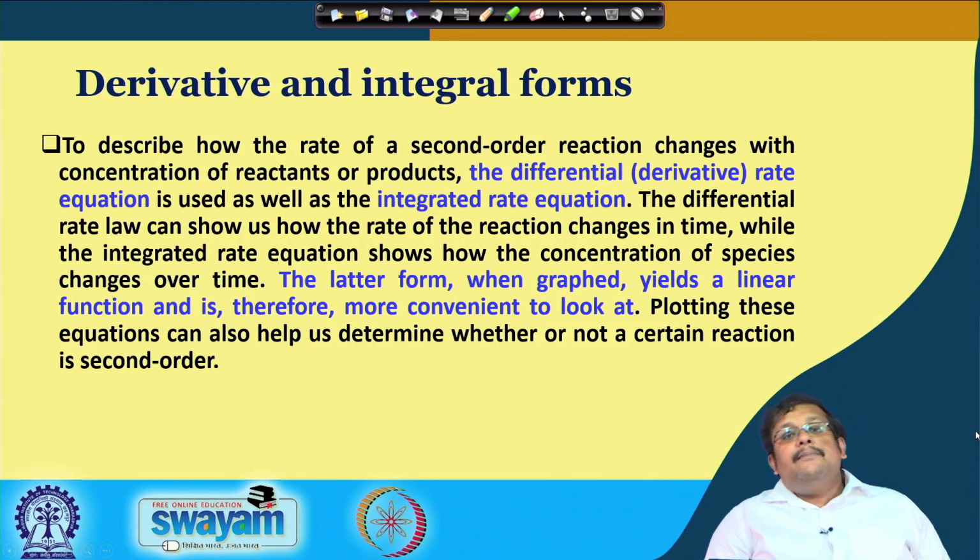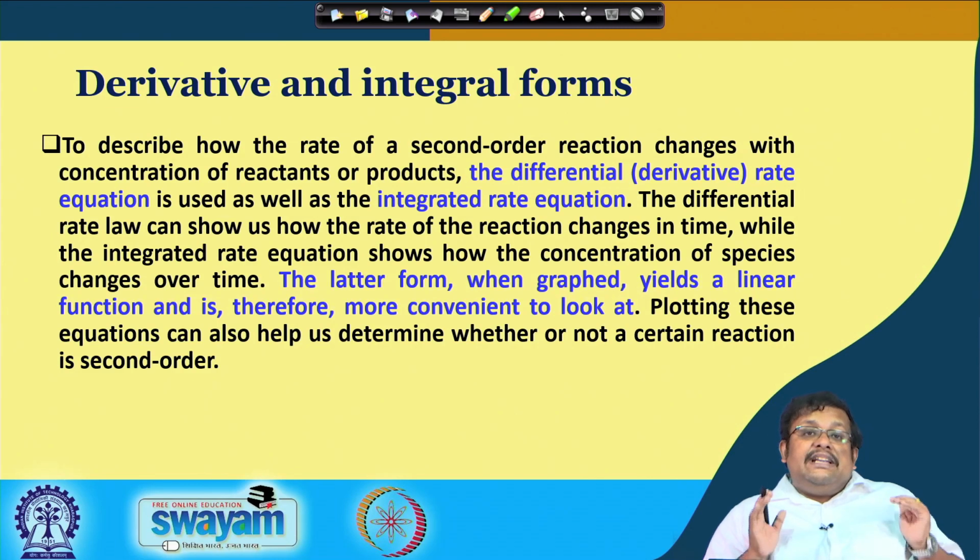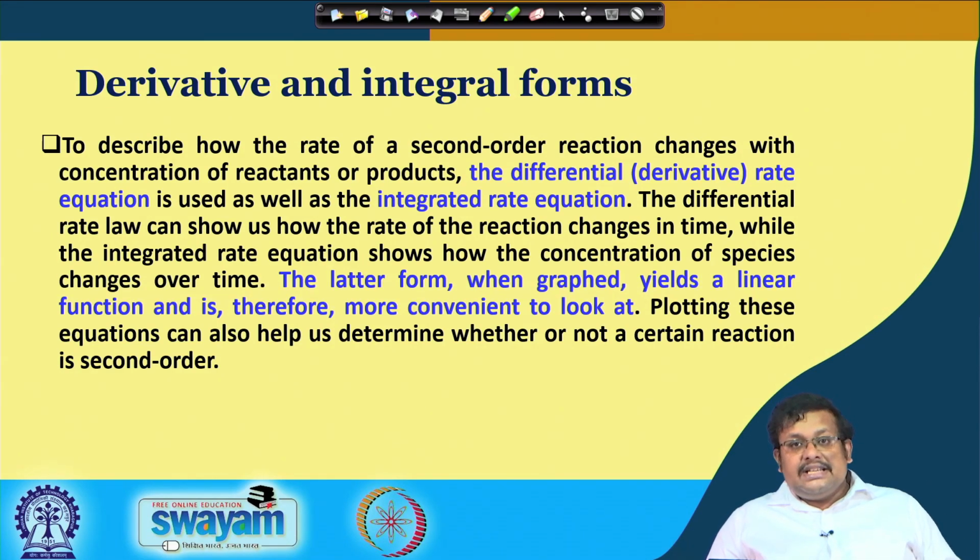To describe how the rate of a second order reaction changes with concentration of reactants or products, the differential or derivative rate equation is used, as well as the integrated rate equation. The differential rate law shows us how the rate of reaction changes in time, while the integrated rate equation shows how the concentration of species changes over time.